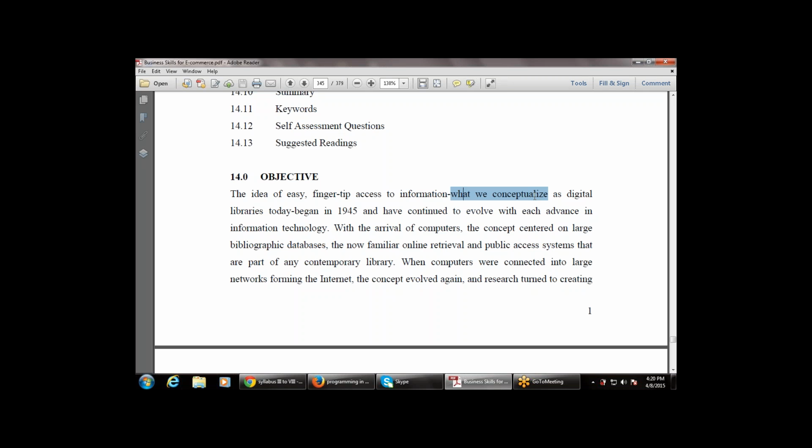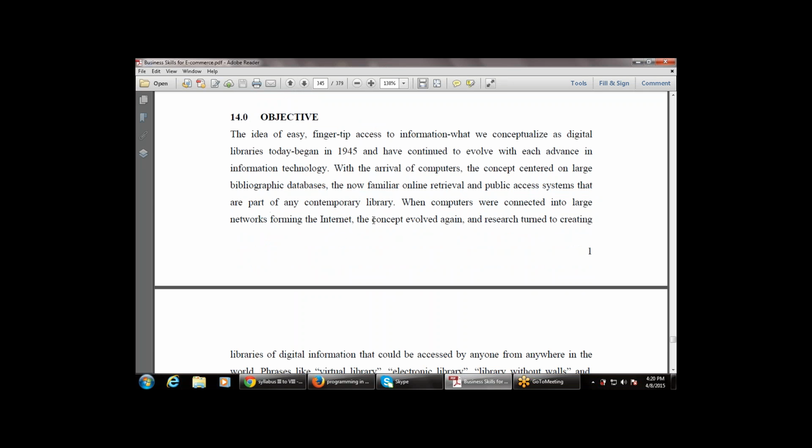The idea of easy fingertip access to information, what we conceptualize as digital libraries today, began in 1949 and has continued to evolve with each advance in information technology. With the arrival of the computer there is a new enhancement in compiling, getting and storing the information in a library, known as the digital library.